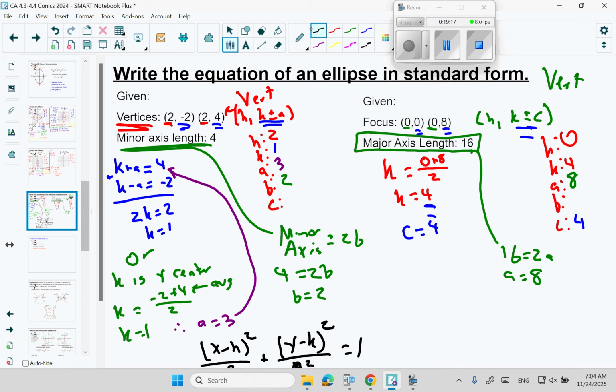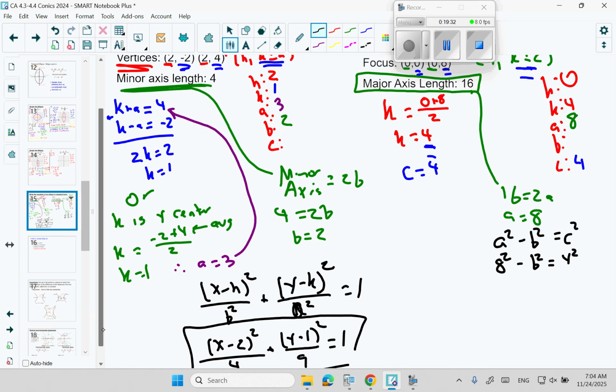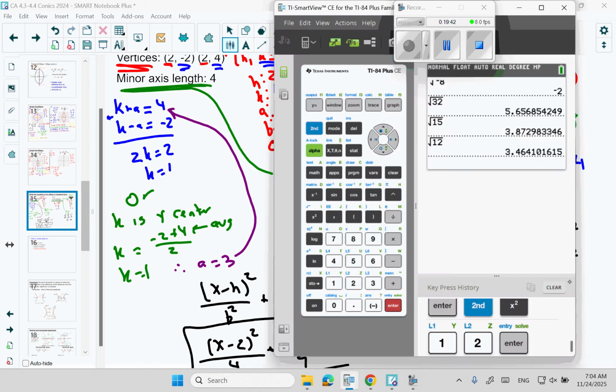And I need to solve for b. I can't solve for b any other way besides using a squared minus b squared equals c squared. So 8 squared minus b squared equals 4 squared. Do some quick math. B squared equals, what is that, 48? Let's find out here. 64 minus 16.